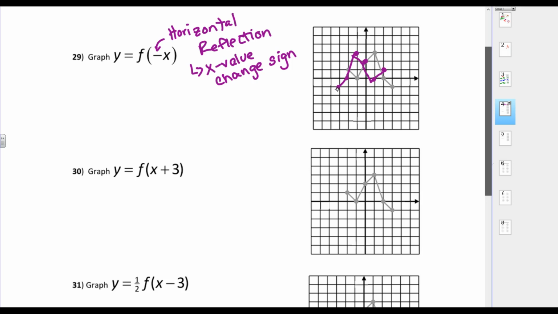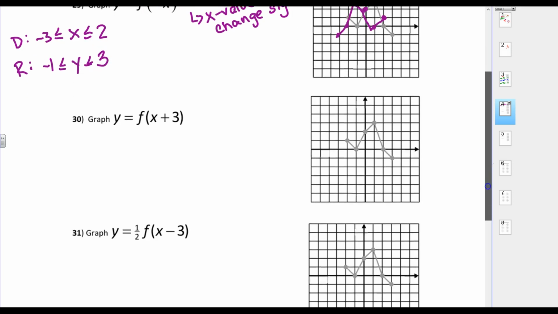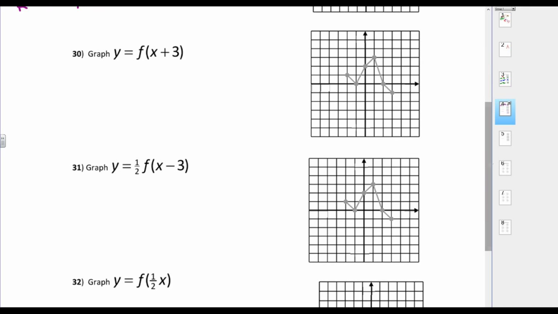When we're looking now at my domain, it has changed. Now we're going between -3 is less than or equal to x, which is less than or equal to 2, whereas my range hasn't changed. My lowest value is still -1 for the y, and the highest value is 3.